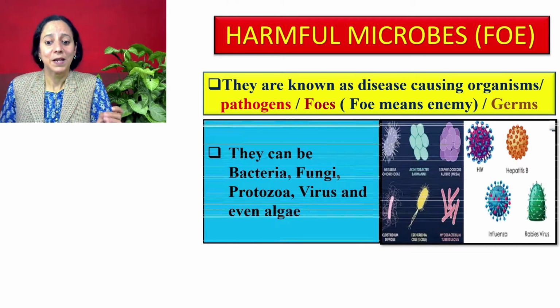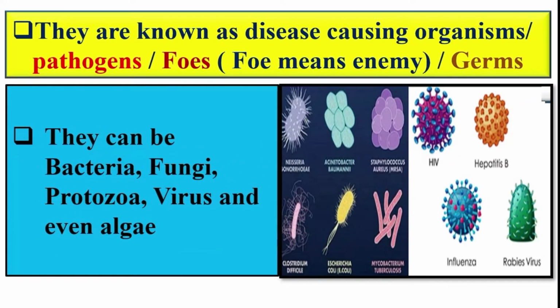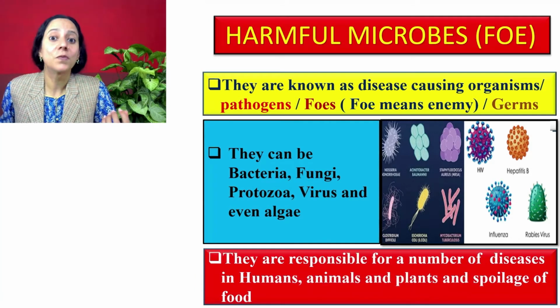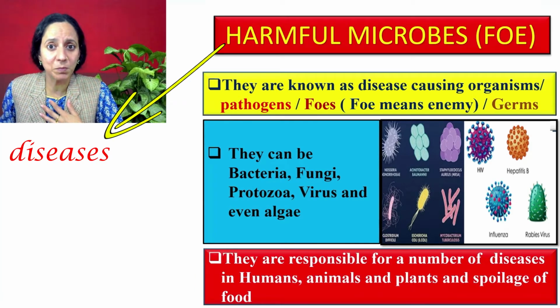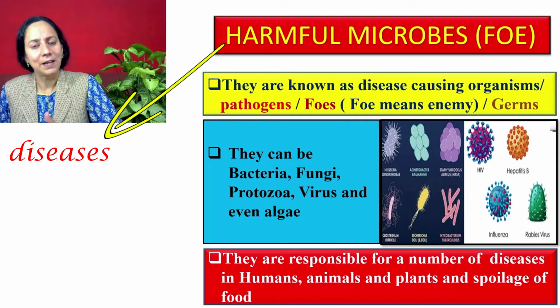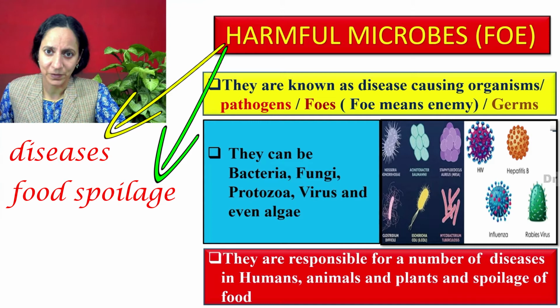Harmful microbes can be bacteria, fungi, protozoa, virus, and even some algal species. They are responsible for a large number of diseases, not only in human beings but also in animals and plants, and they are responsible for the spoilage of a variety of foodstuffs.